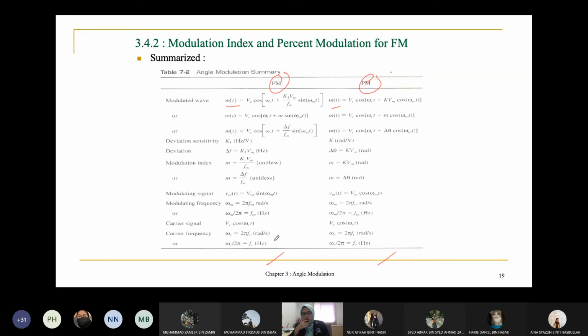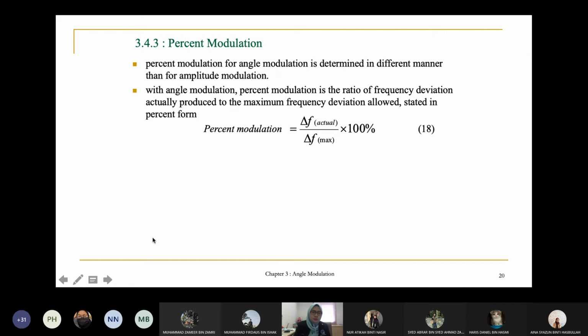Okay, so for angle modulation we can also calculate the percent modulation, but it is different compared to amplitude modulation. If you still remember, for amplitude modulation, the percent modulation is the modulation coefficient directly multiplied by 100%. But for angle modulation, to calculate the percent modulation, you need to use this formula.